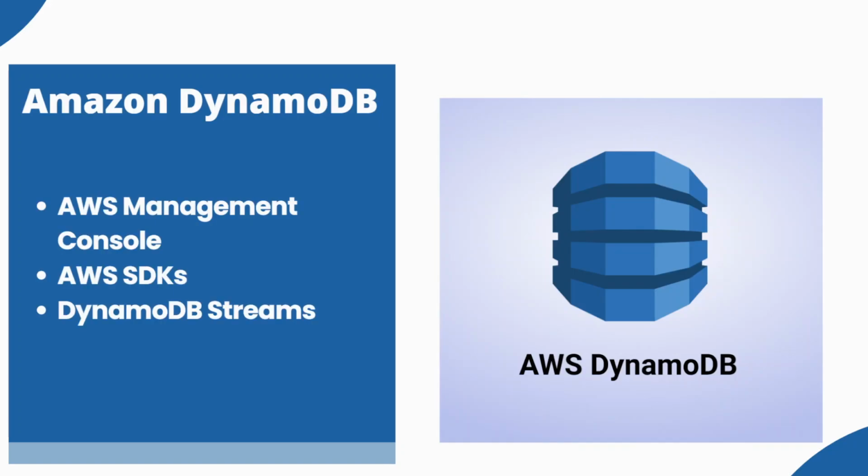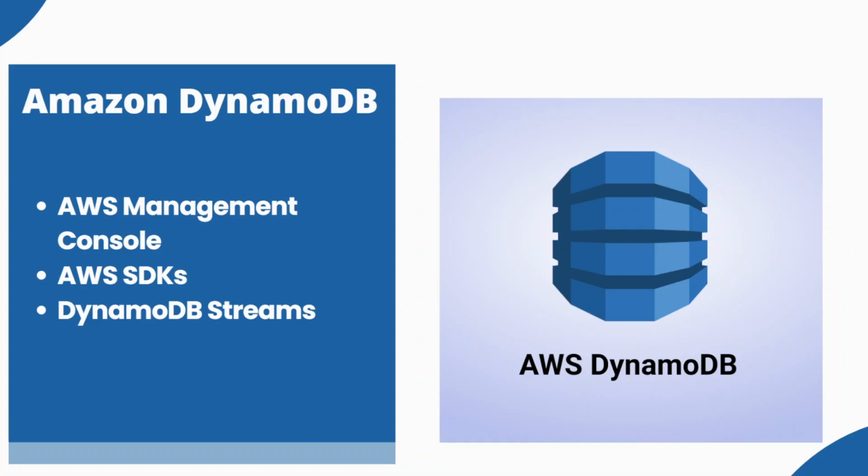So as we move to our last tool of NoSQL, Amazon DynamoDB, which is a key-value document store and a fully managed NoSQL database service provided by AWS. DynamoDB supports both key-value and document data models, and also offers seamless scalability, performance, and reliability.